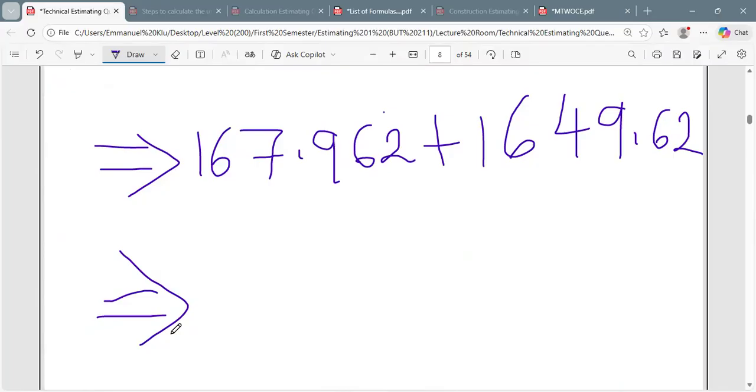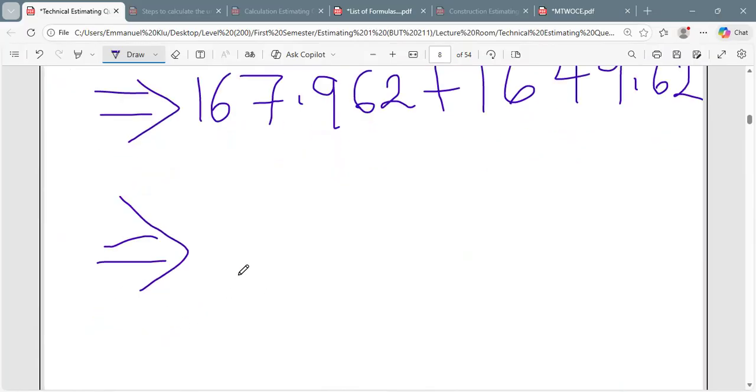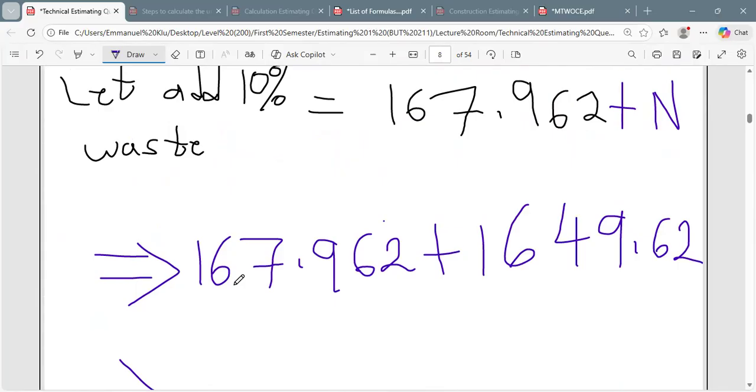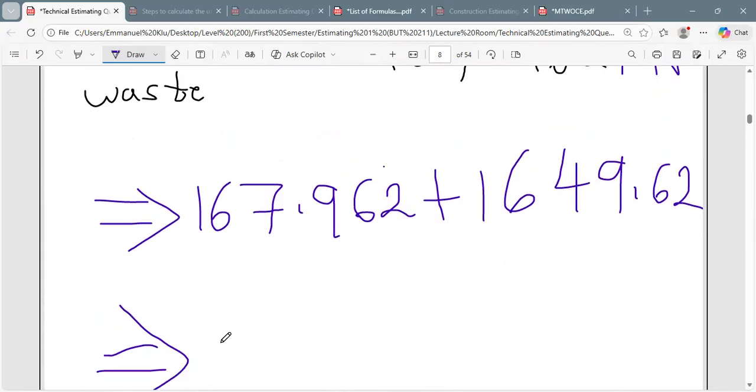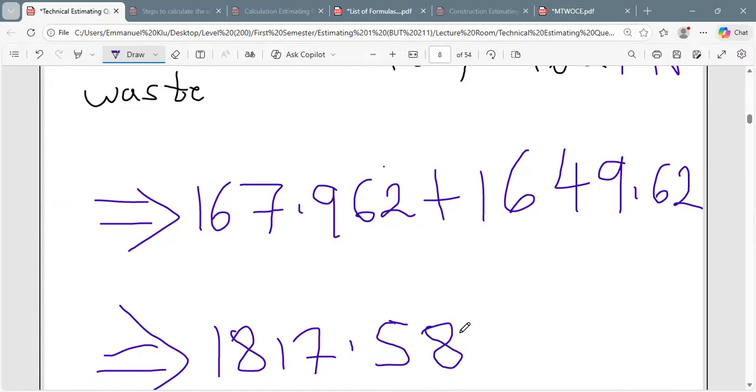We are going to get the number required, which is 1817.58.